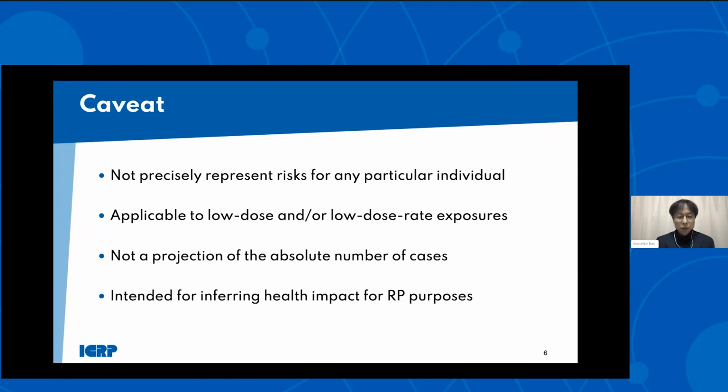At least it is not intended to be used for acute high dose exposures. And one important point is detriment is not a projection of the absolute number of cases of stochastic effects in the exposed group. So what is it then? It is inferences based on assumptions to assess the potential health impact for radiological protection purposes.